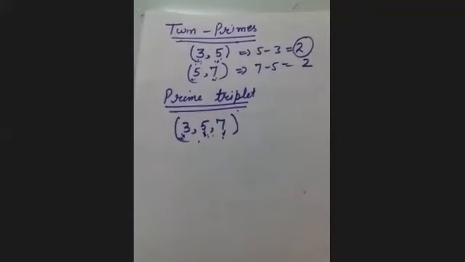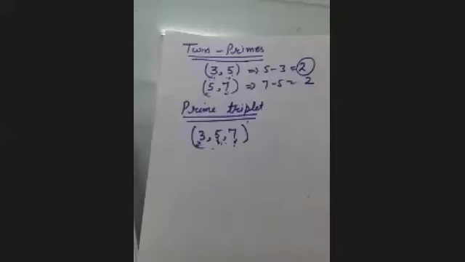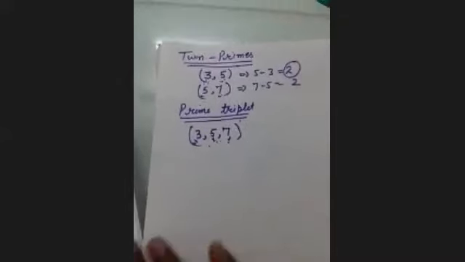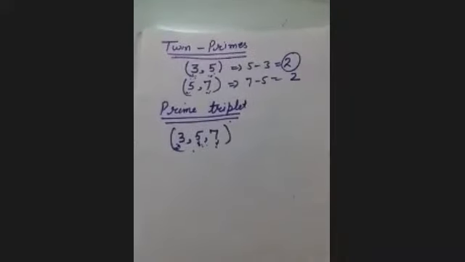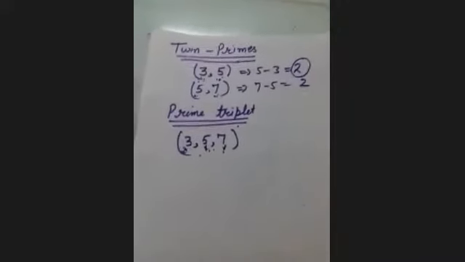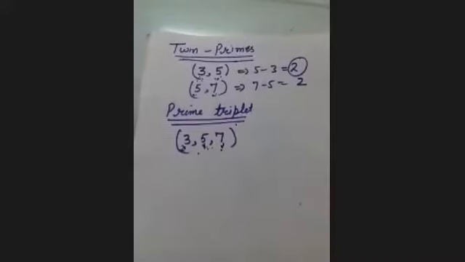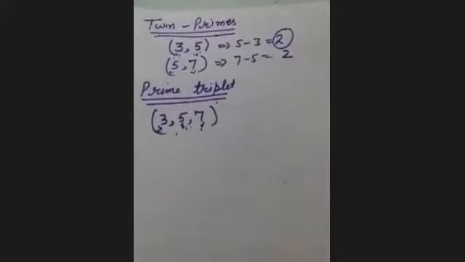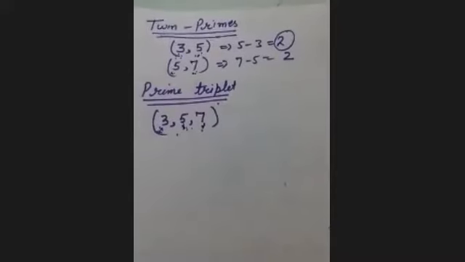For example, factors and multiples, even numbers, odd numbers, prime numbers, composite numbers, twin primes, and prime triplets.